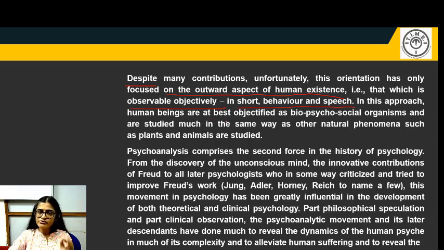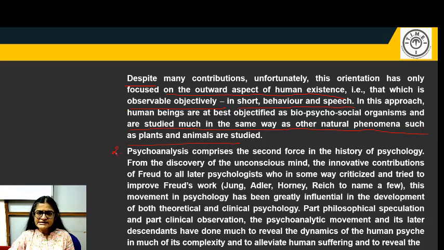They are treated as objects, as biopsychosocial organisms, and are studied much in the same way as other natural phenomena such as plants and animals are studied. So the disadvantage of this school is it only considers the observable phenomena such as behavior and speech, and it treats human beings as any other creature would be treated. It doesn't treat humans specially.